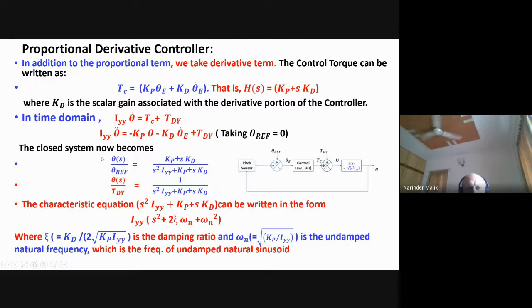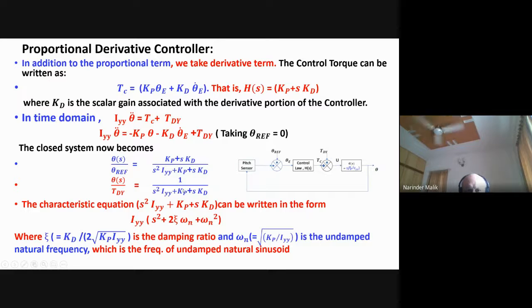Now the closed loop response becomes like this. The characteristic equation is this, and it can be written this way. Here, Kd divided by this thing is the damping ratio, and this is the undamped natural frequency, which is the frequency of the natural sinusoid.